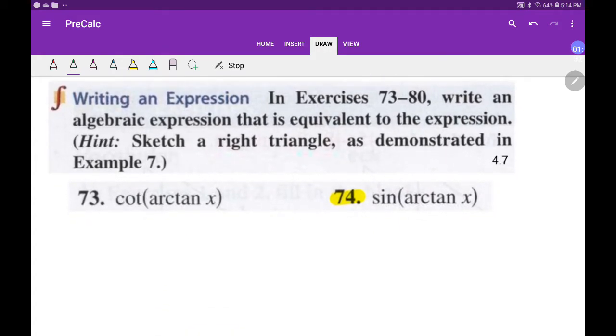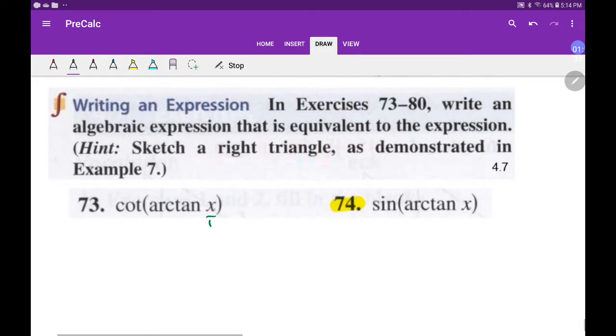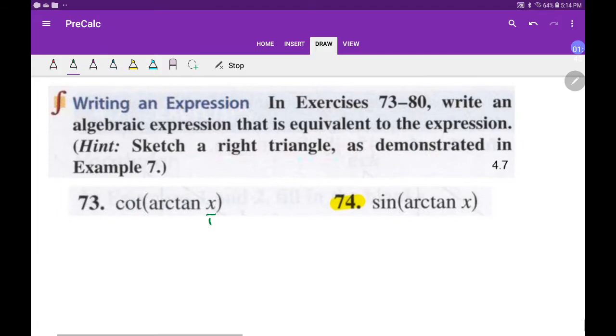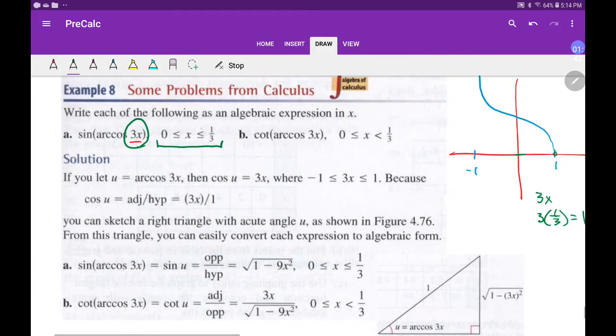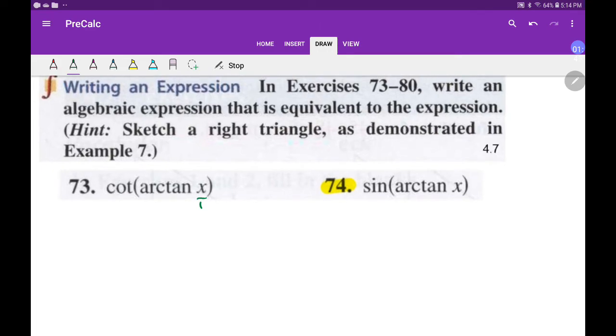And we will say this is really x over 1. So we build a, did they tell us the limits here? Okay, as demonstrated in the example. Example 7? That's not example 7, but I think we'll be okay. So we're going to say the opposite side is x, and the adjacent is 1.